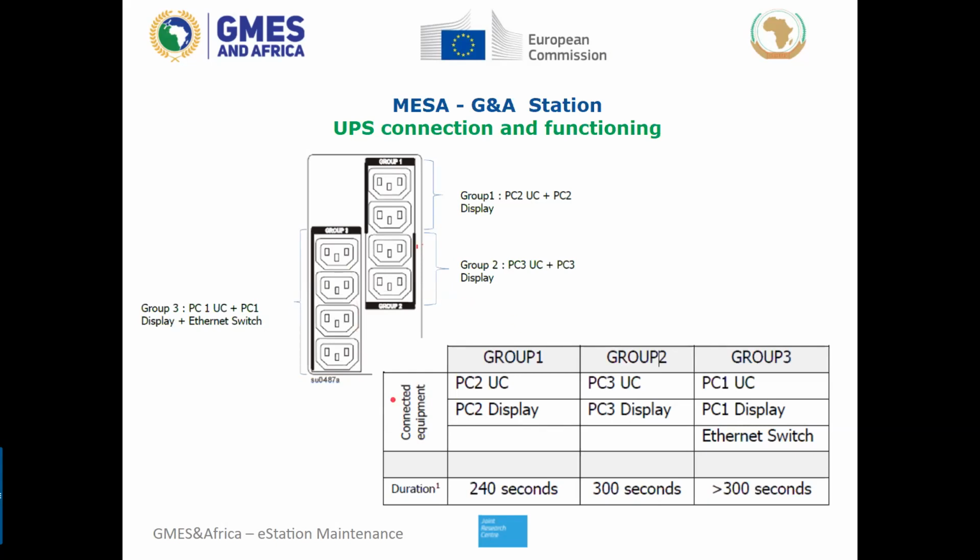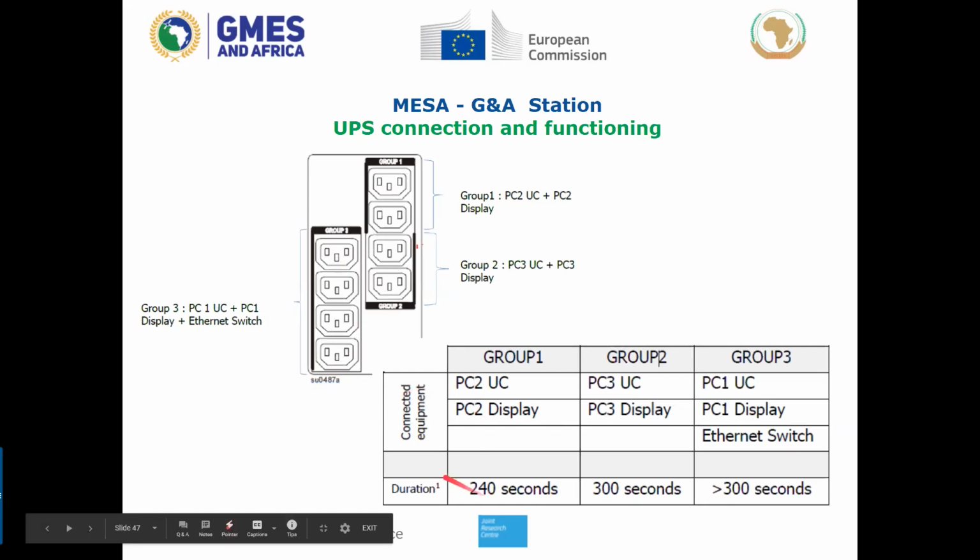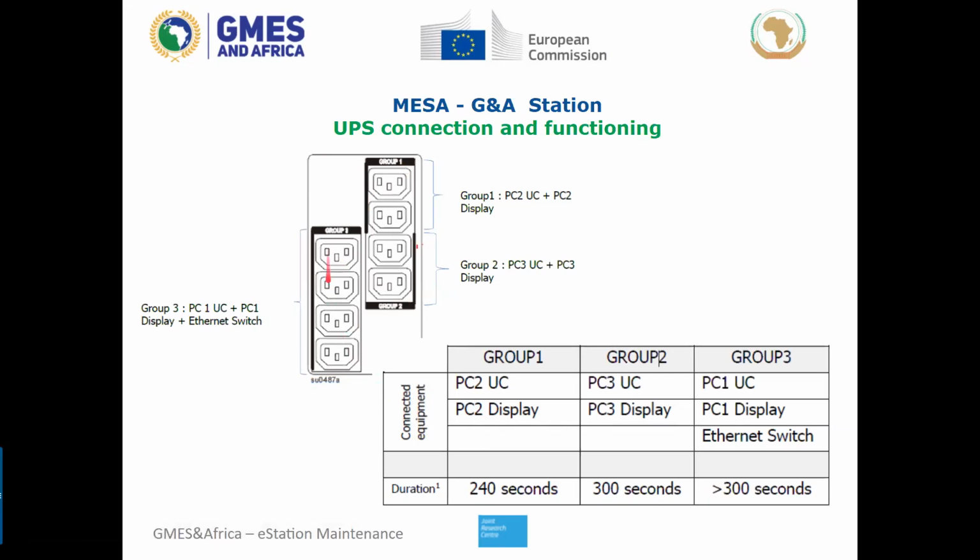when there is a power failure, the UPS is configured in such a way that it tries to shut down the PCs based on this group. Group 3 is the place where you have to insert the PC1 CPU, PC1 display and the Ethernet switch.